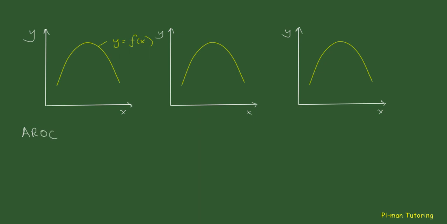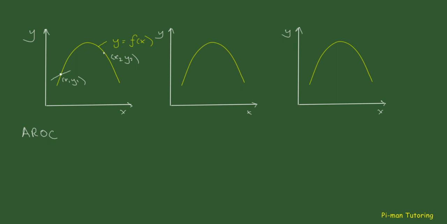If we have a point x1, y1, and a point x2, y2 on this function, we were looking for the average rate of change between those 2 points.